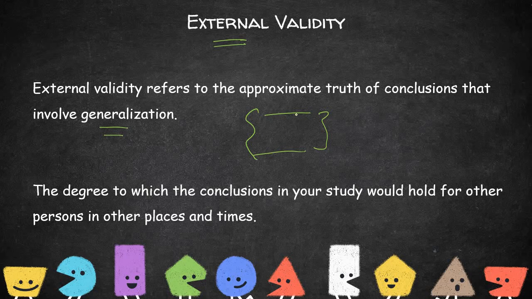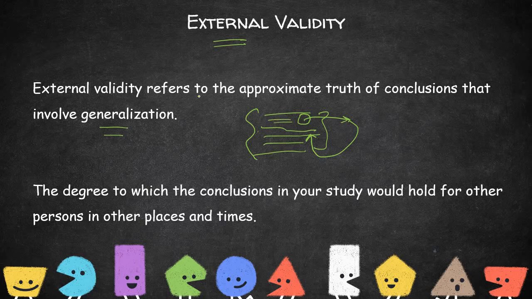So what we normally do is select a part of it, we conduct our research on this part, and then whatever conclusions we arrive at, we are interested in generalizing back to the whole population, to the entire population.